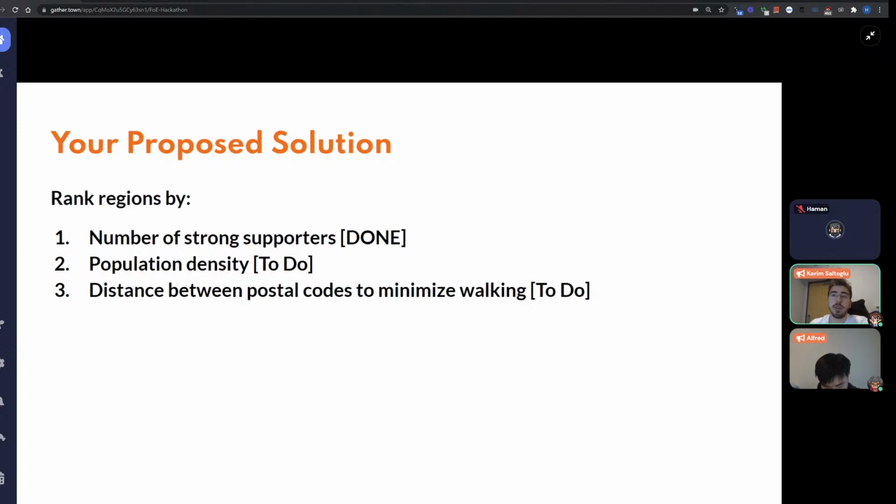Since these regions are on a map, we can use a graph to represent them, and each region could be a graph node or vertex. This way we can minimize the path, so it will minimize walking and help us with the time. That's what we intended to do.